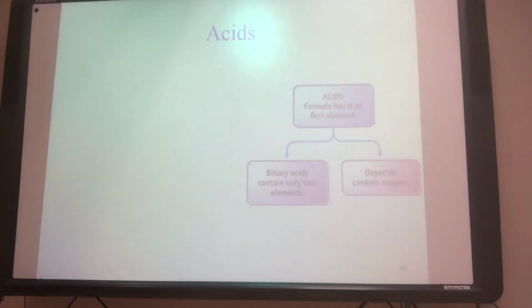Okay? So, acids contain the H plus cation and an anion. The anion determines the category. Okay? So I have two categories. The first is my binary acids.